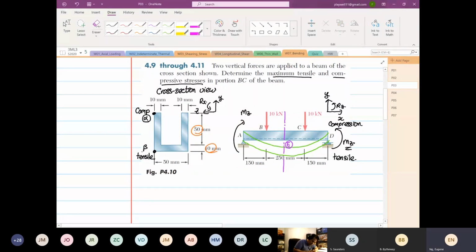We are also aware that our centroid, the distance from here to here, from the bottom, is 25 millimeters. We found that out already.